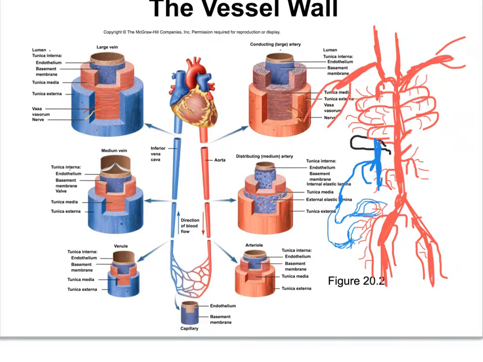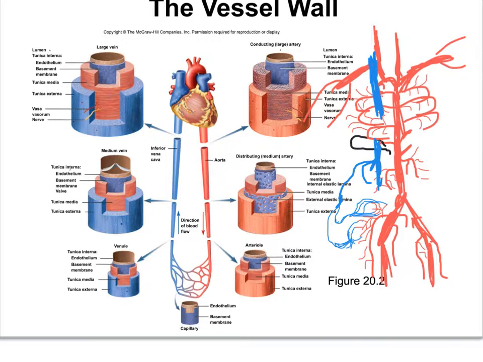And so these are going to be stuff like your inferior vena cava, your superior vena cava, your jugular vein, main things that are just one or two steps removed from the heart itself, and that are going to bring things back to the heart. They're thicker, they're larger even than their corresponding conducting arteries.